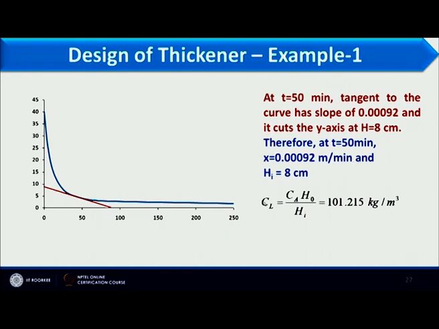Therefore, at t equal to 50, x, that is the sedimentation rate, is equal to 0.00092 meter per minute, and hi in that case would be 8. You can see the expression for calculating CL: hi CL equals C naught H naught. For this particular case, we can calculate CL as 101.215 kg per meter cube.